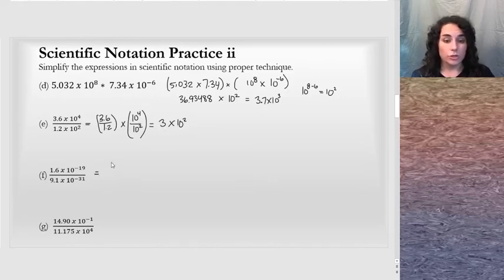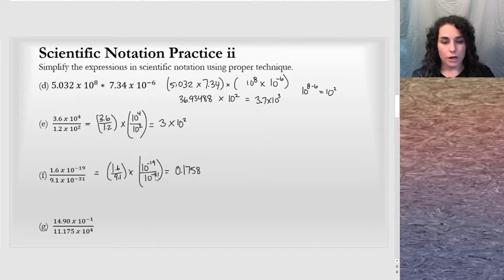I'm going to do the same trick over here, 1.6 divided by 9.1. And then I'm going to multiply 10 to the negative 19th over 10 to the negative 31st. Same trick here, 1.6 divided by 9.1 is, you can do this in your calculator, 1.758.